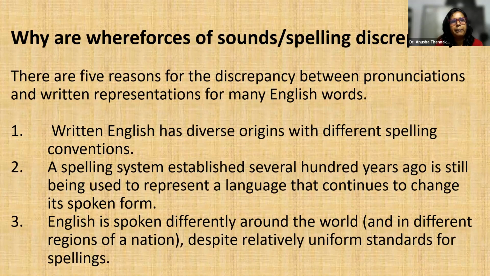If I brief them: because the English language has lots of influences from other languages, for example French, Latin, Greek. And the spelling system was established several hundred years ago, and we are still using the same spelling system.